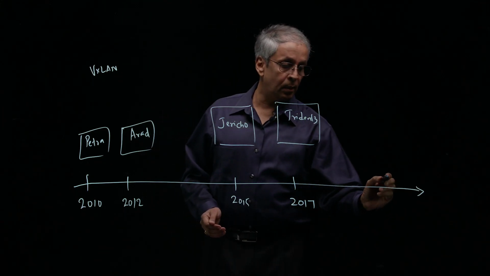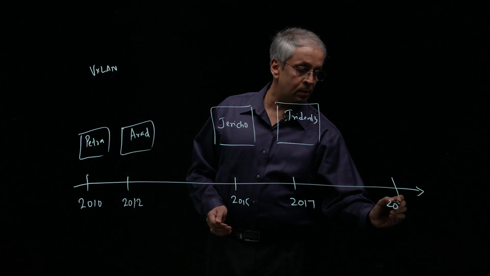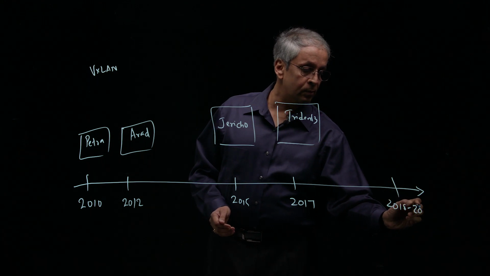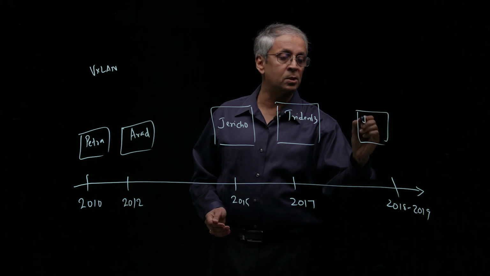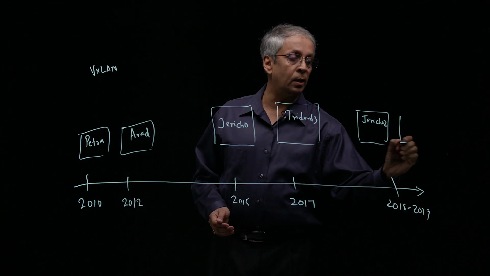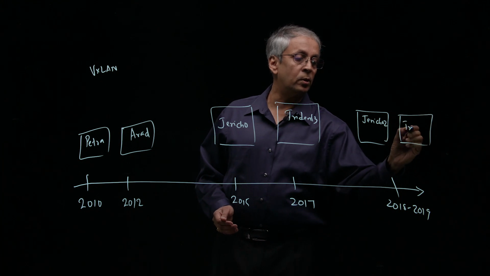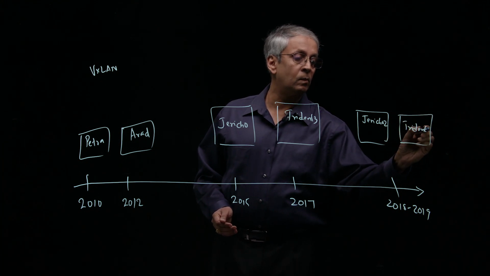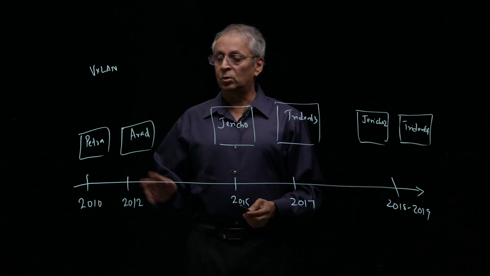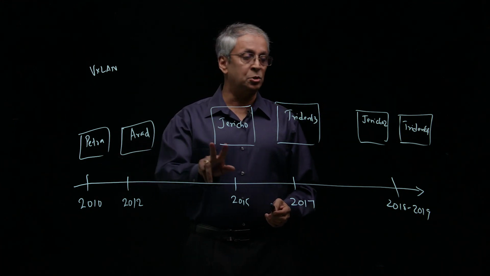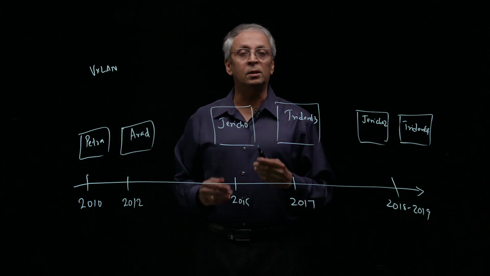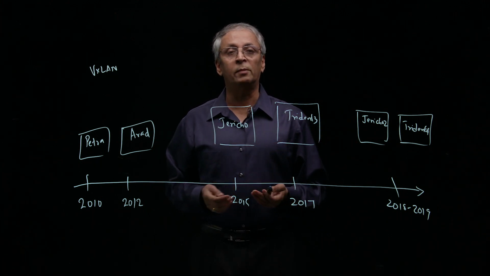And in 2018, 2019, we introduced the follow-on to these products, which we call Jericho 2 and Trident 4. So the DNX line of products, Petra, Arad, Jericho, and Jericho 2, have continuously evolved in their programming capability.